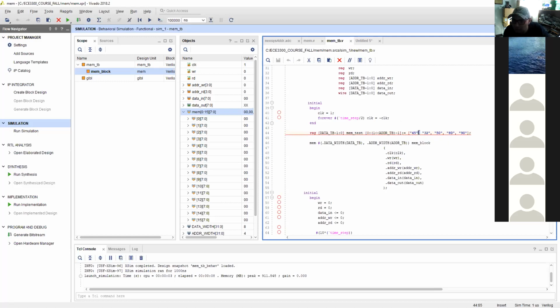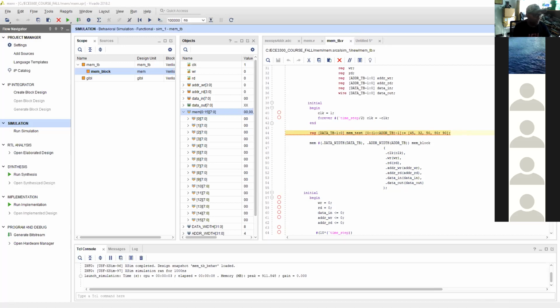Okay. What is this error? Oh, you know what I'm trying to do, right? I'm trying to fill an array and I call it. You know what I mean?